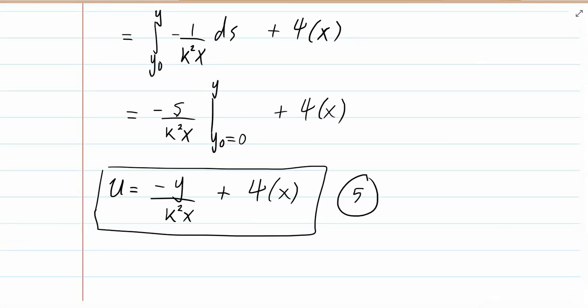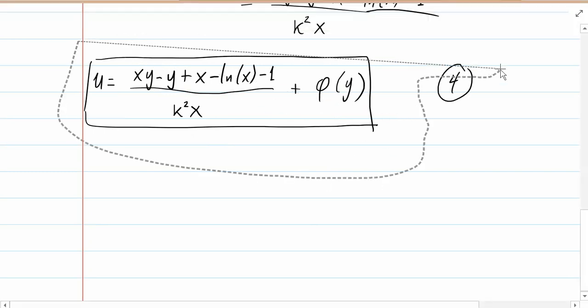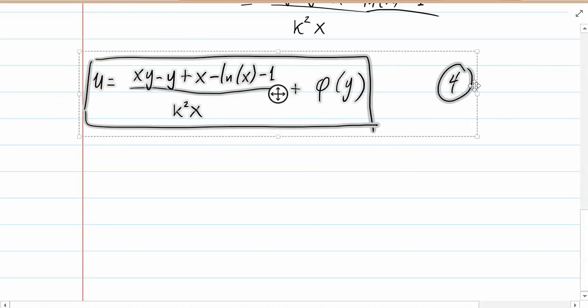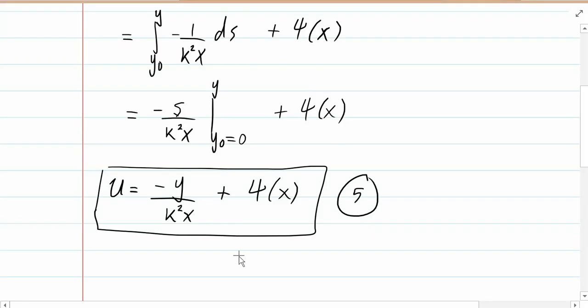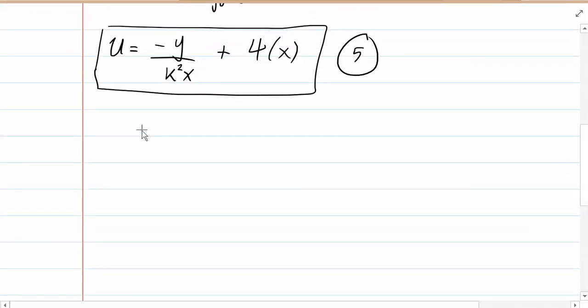And well, the idea is that I need to compare that equation with this one here. I'm going to copy the equation so that we can compare them more easily.